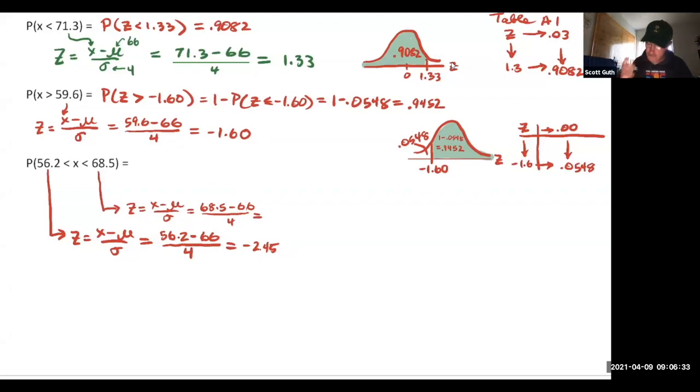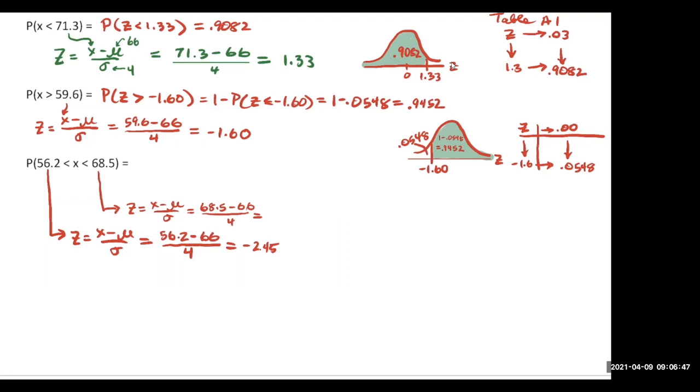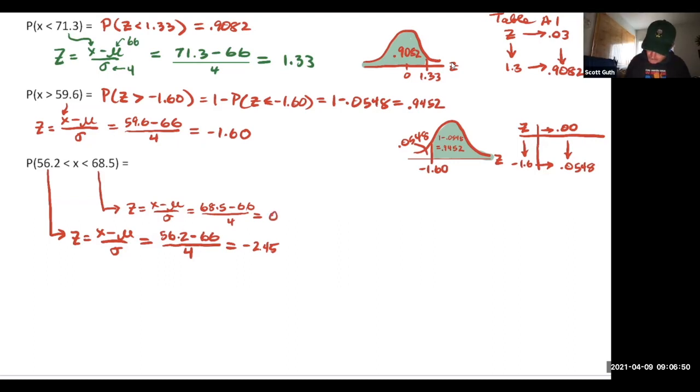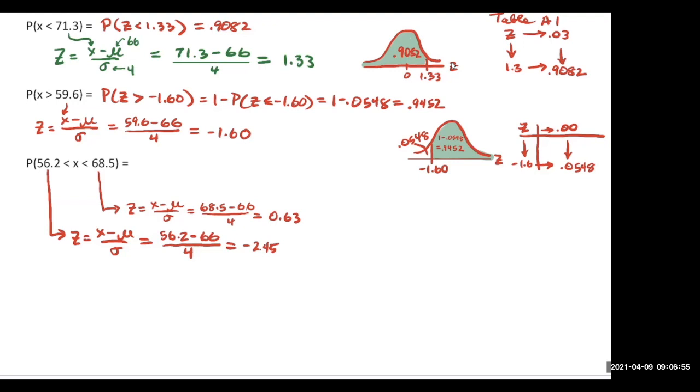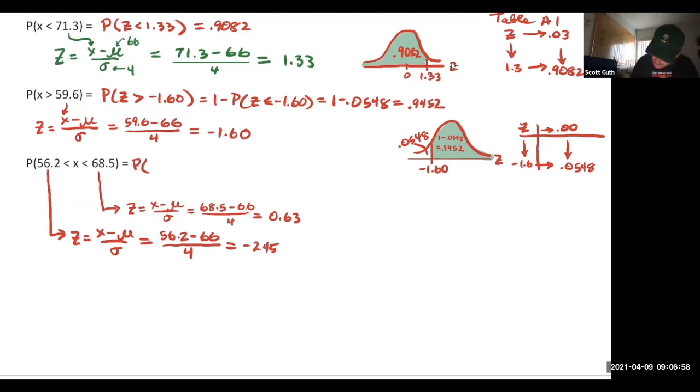Anybody? 0.63. Yeah, that sounds great. So the problem changes to the probability that z is between these two numbers. So negative 2.45 less than z, less than 0.63, like that.